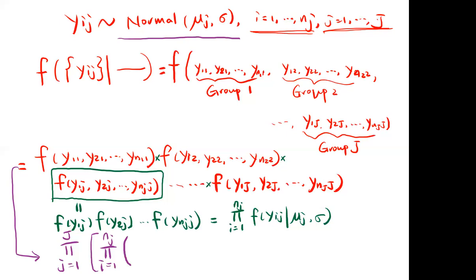So that is 1 over the square root of 2 pi sigma squared for each observation, times exp of negative 1 over 2 sigma squared, times yij, because that's the data, the random variable, minus mu j. This is the square. So I close this, I close this, and I close this.